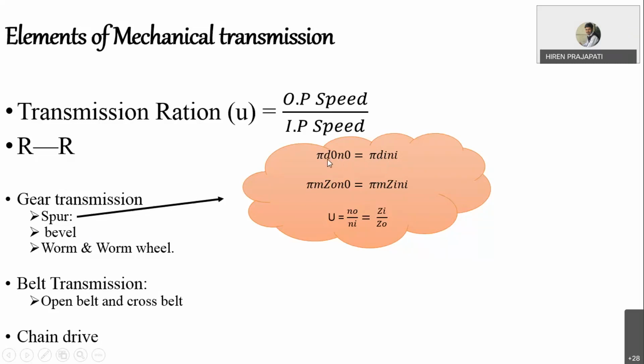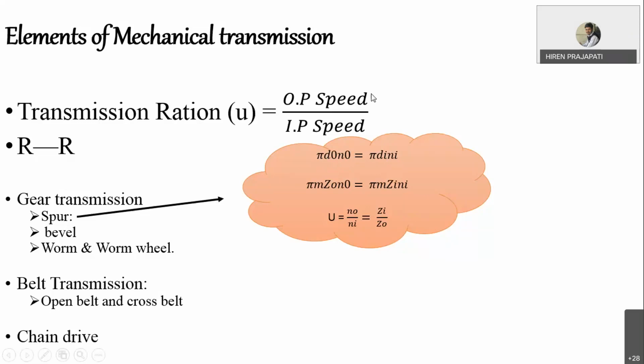If we convert that, V, the tangential speed, equals pi d n. Both are spur gears, so pi d0 n0 is the output gear speed, and pi di ni, with suffix i, indicates the input gear speed.